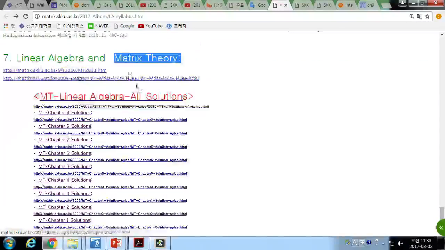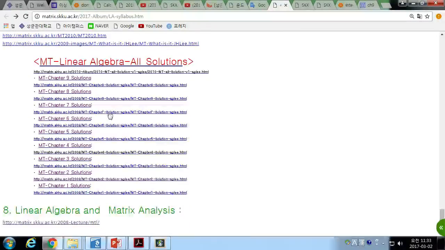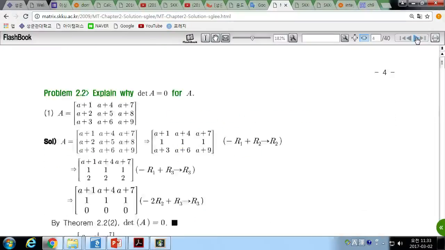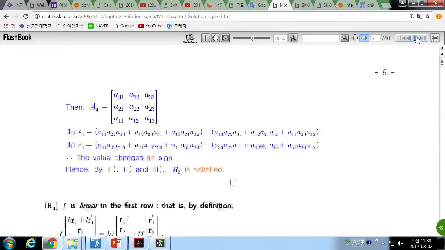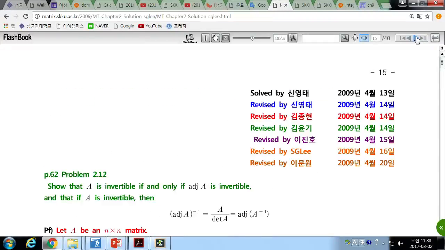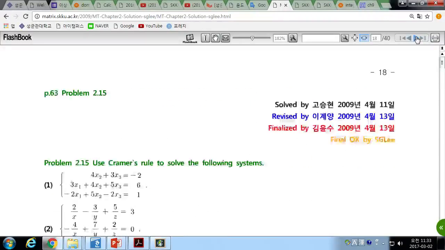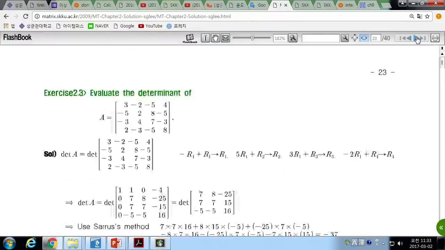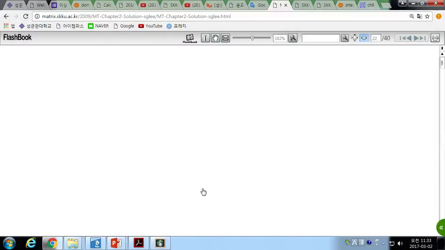This is the second course of linear algebra. Now, our linear algebra class is the first course, and in here, for example, at the determinant here, you see this is the second course, so there is more diversity of problems, more complex and interesting problems, with the full details of solutions like this.